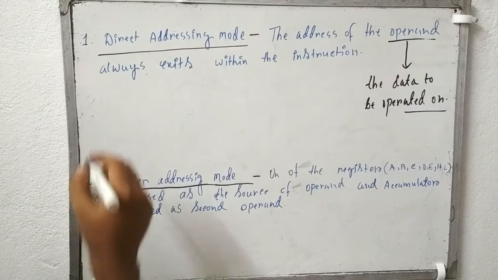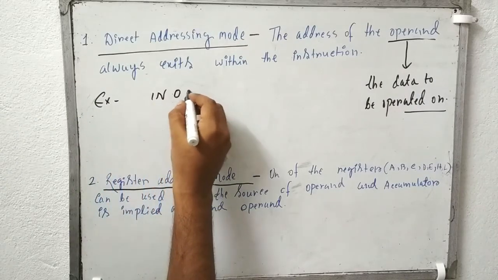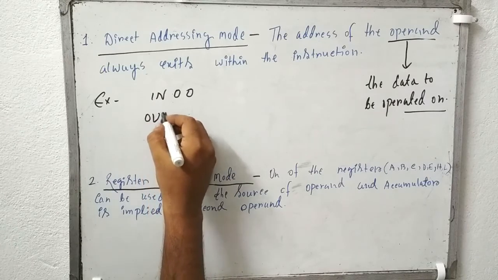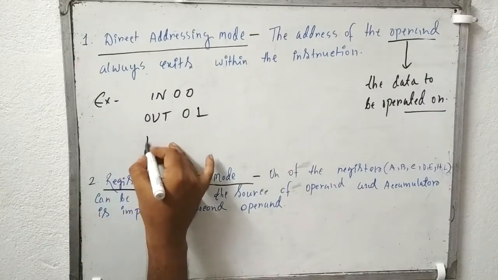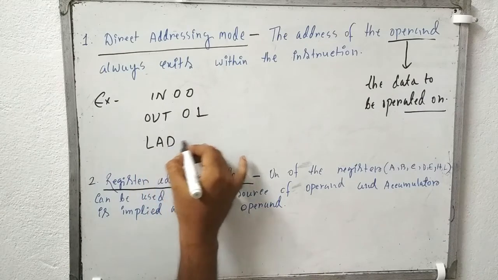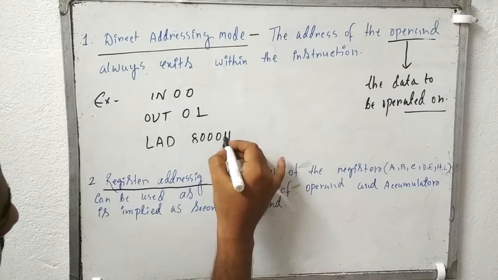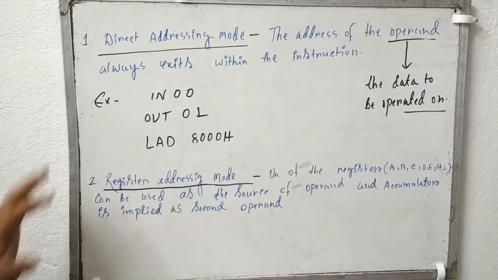So let's take an example: IN 00, another OUT 01, and another LOAD, which is a 2-byte instruction.